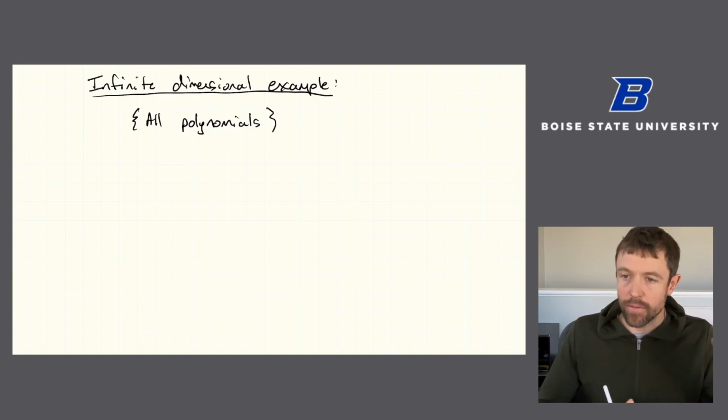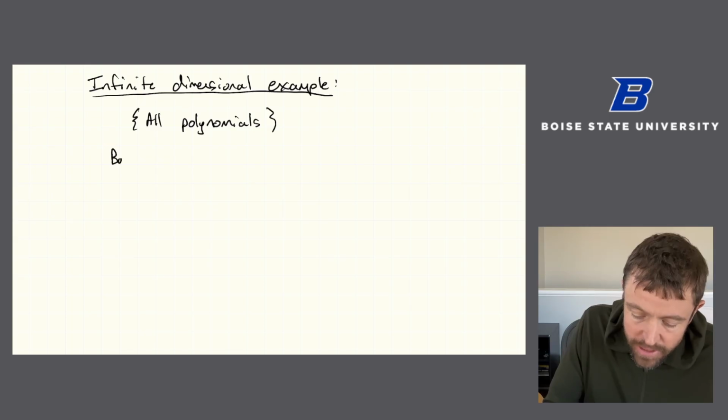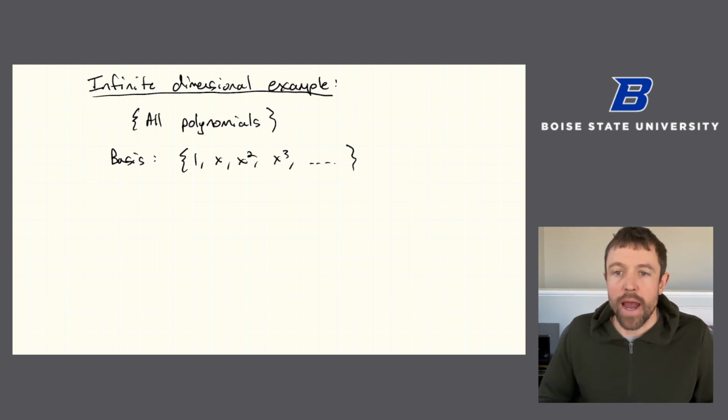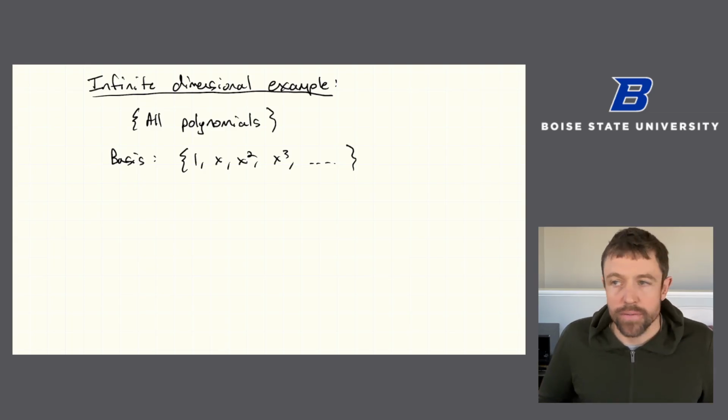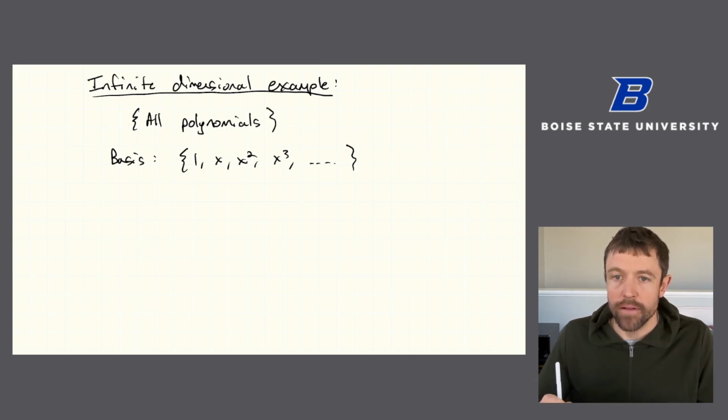You can add, you can multiply by scalars, you have 0, all the rules are satisfied, but a basis for this space is not finite. It's all non-negative powers of x. So we have a basis, but it's an infinite basis. And again, we're not going to do much with this in this course, but I just wanted to point out that dimension makes sense even in infinite dimensional examples. So if we say that something's infinite dimensional, we mean that any basis for it is infinite.